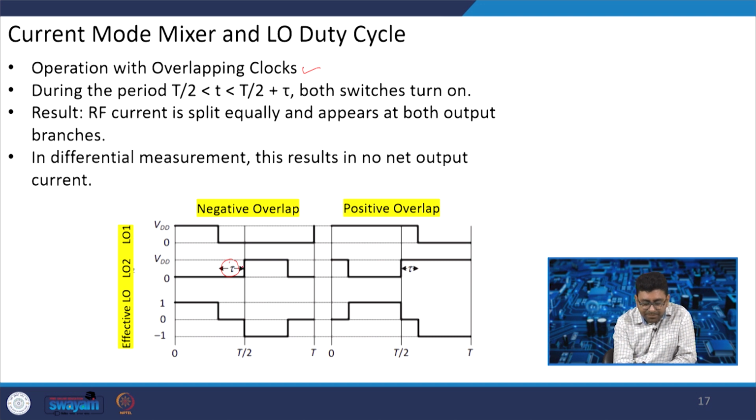and another is a positive overlap. In this case, this LO2 is appearing after a certain period of time tau, that is a negative overlap. And if there is a positive signal, LO1 is appearing after a certain period of time tau, that is a positive overlap.